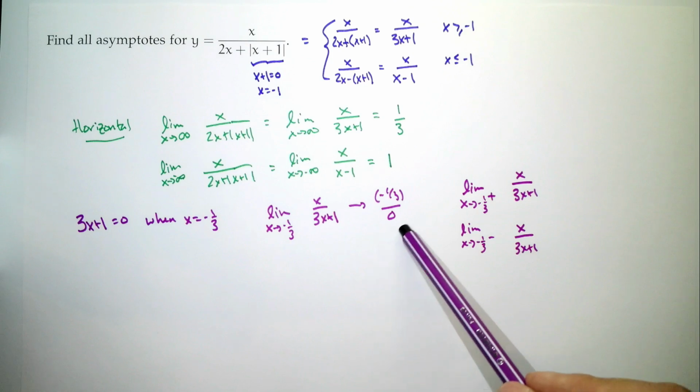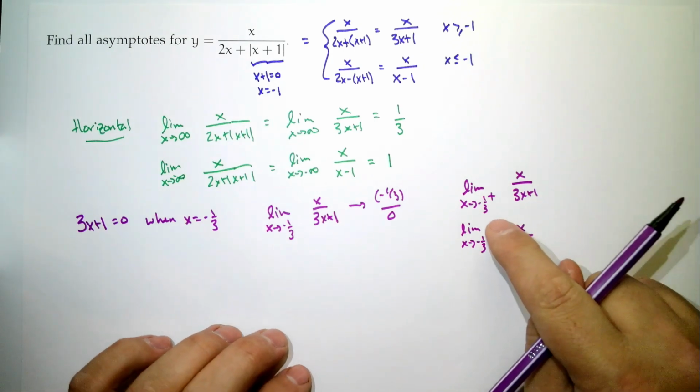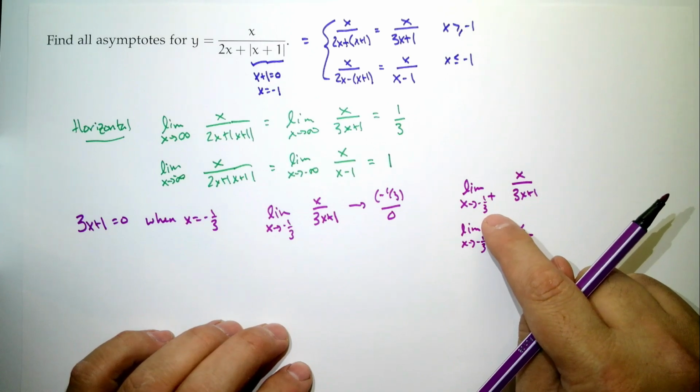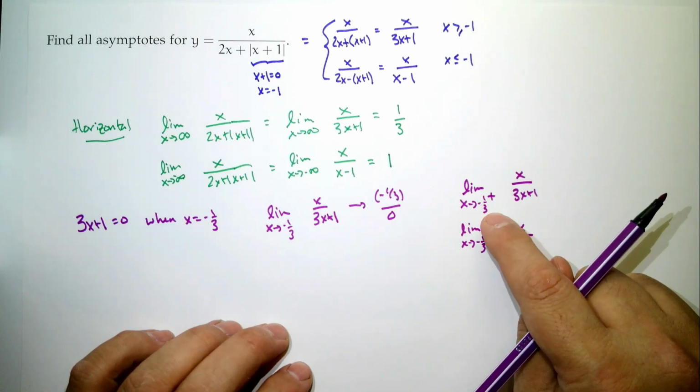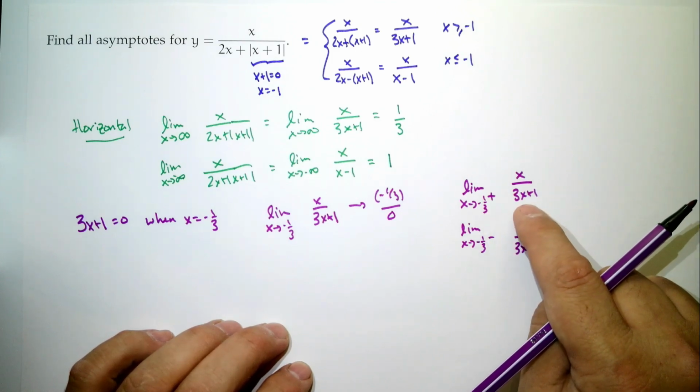So the question about what the behavior is, whether it's getting really large positive or really large negative, boils down to what's happening in your denominator. So we have to think a little bit. Suppose I'm a little bit above negative 1/3. If you're not comfortable with that, just choose something above negative 1/3, like 0. What's true about your denominator? Is it positive or negative? It's positive.